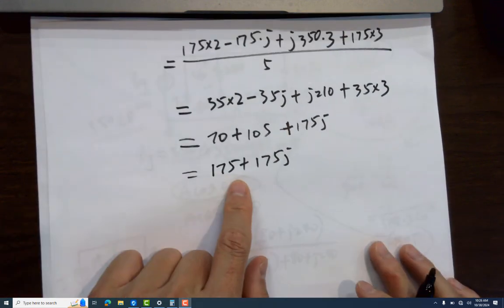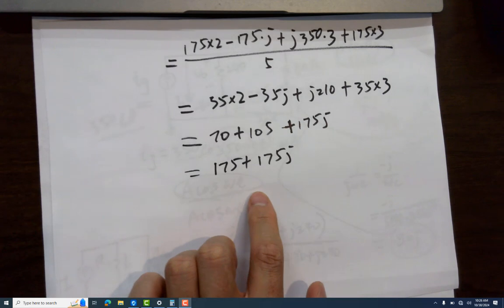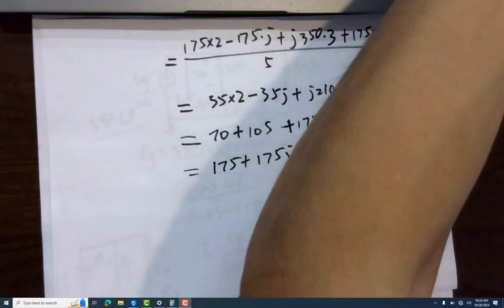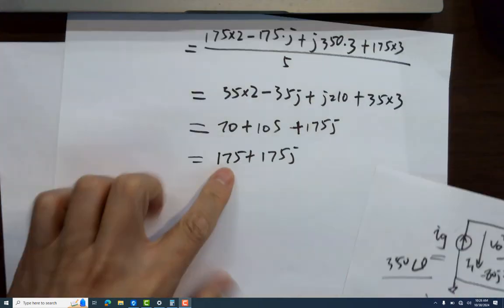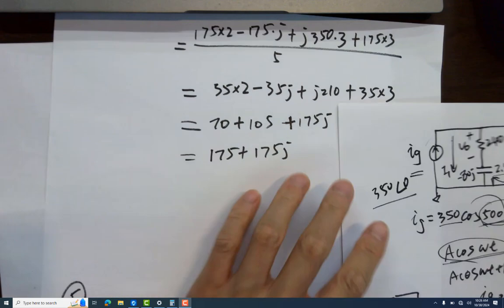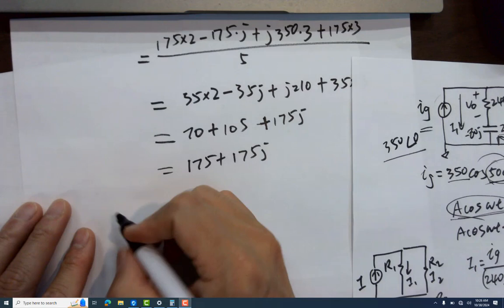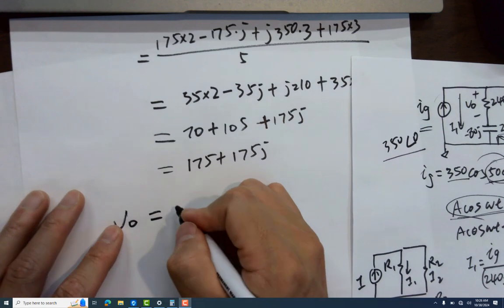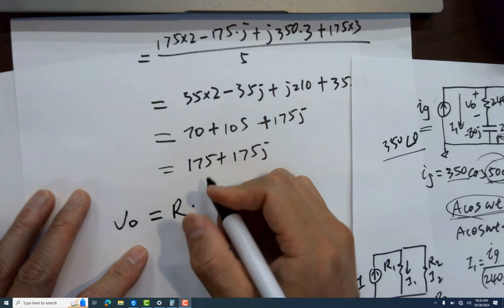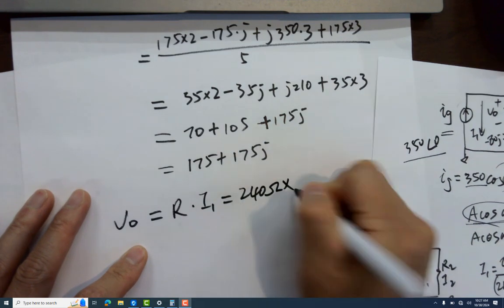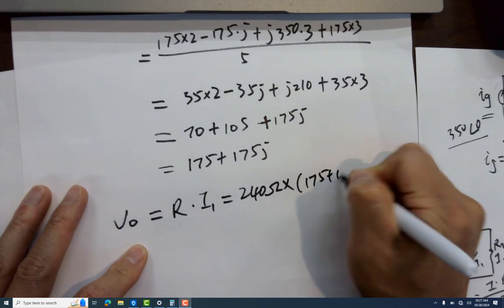So if this is correct, how could we get V out? This is the current I1, right? This is the current here. So V out equals R times I1, which is 240 ohms times 175 plus 175J.